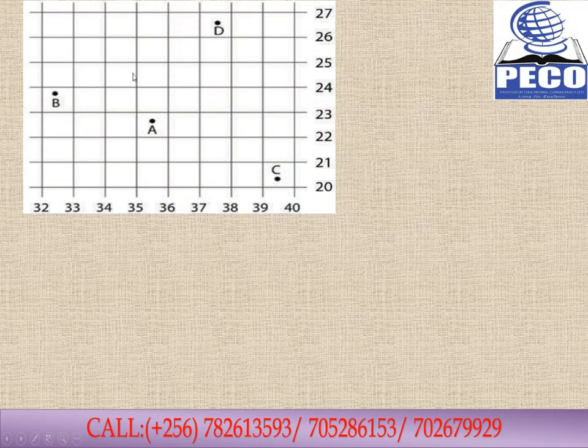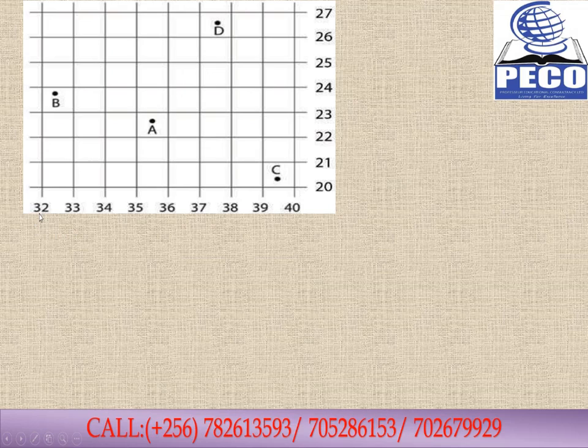Let's take an example. We have points which have been located in our grid squares. This was extracted from a representation of what we've already seen on the topographic maps. We have vertical lines, and these vertical lines are increasing as you go to the east.